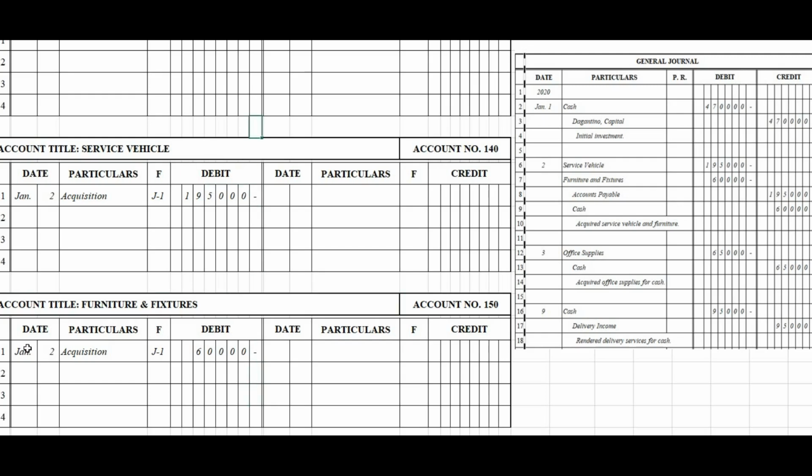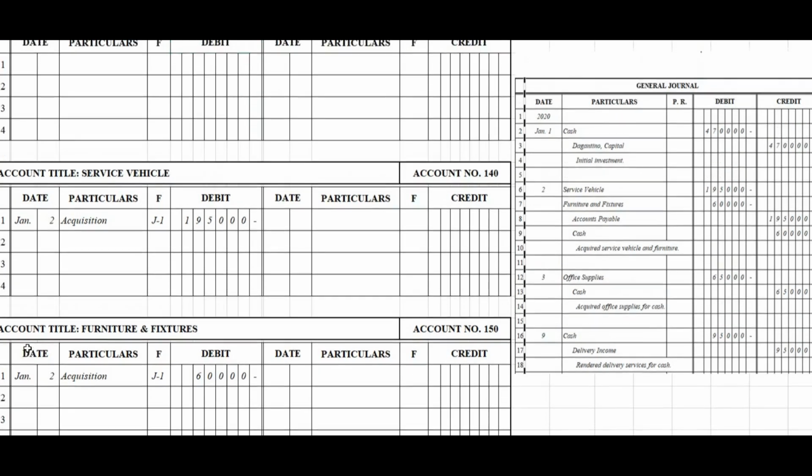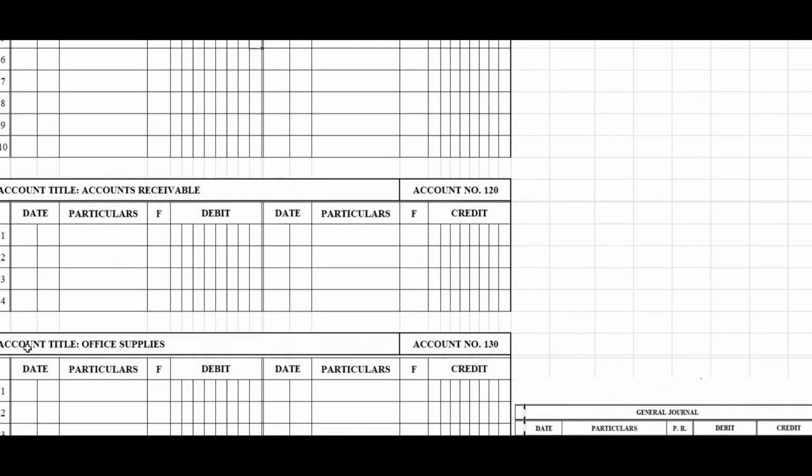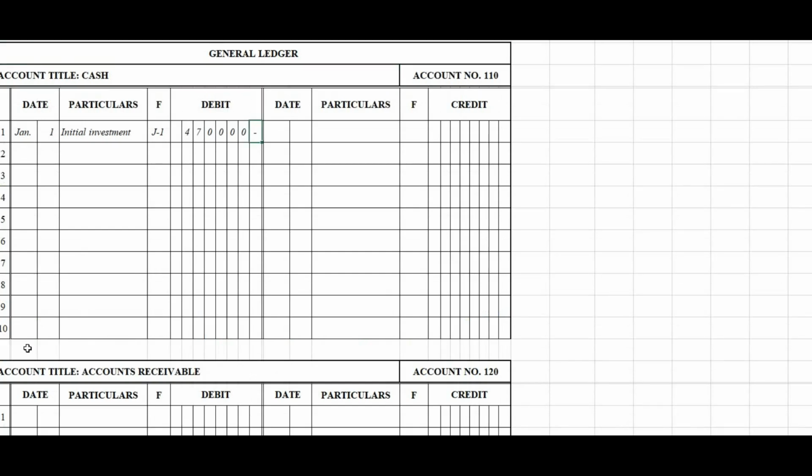So, unahin na lang natin yung cash kasi mas malapit dito. So, this time we have a credit na. So, we have here January 2, a credit na acquisition of furniture. So, you have 60,000.